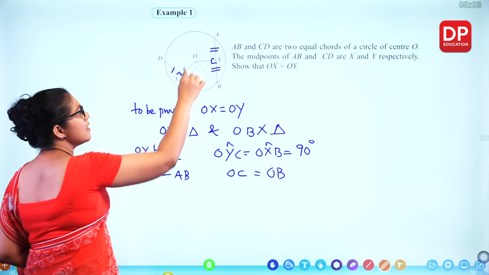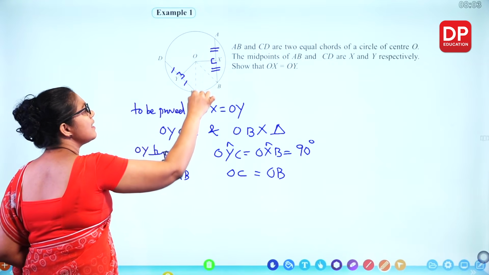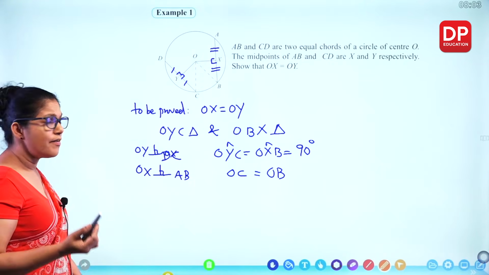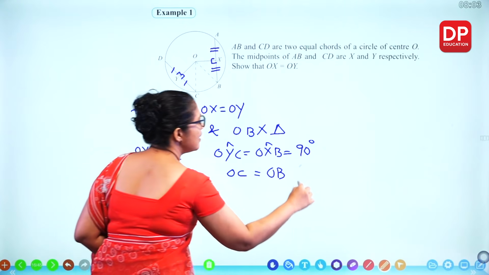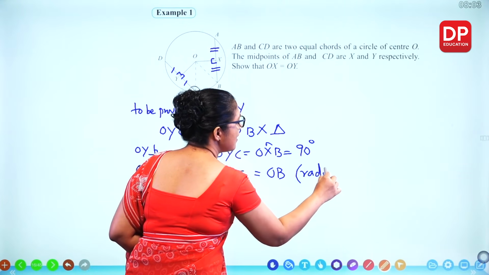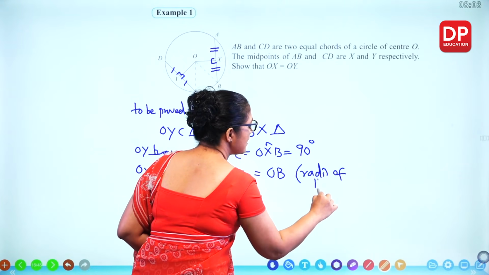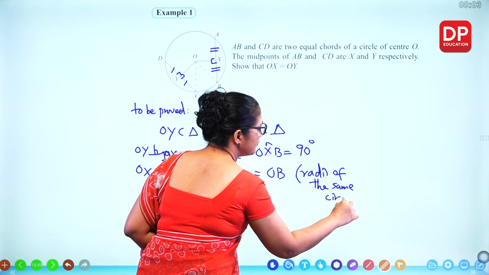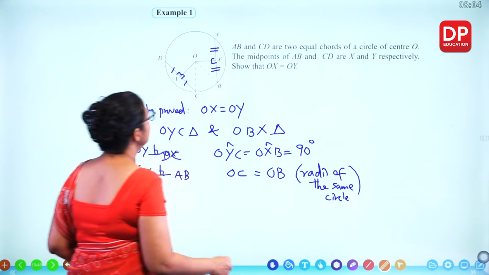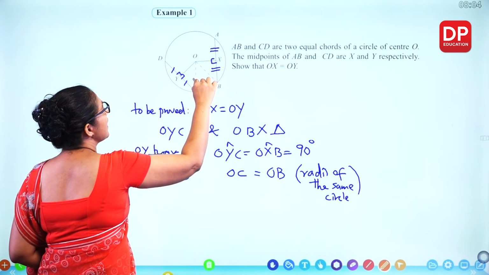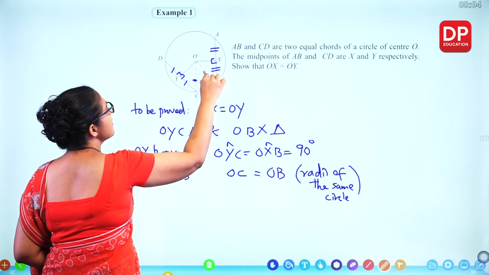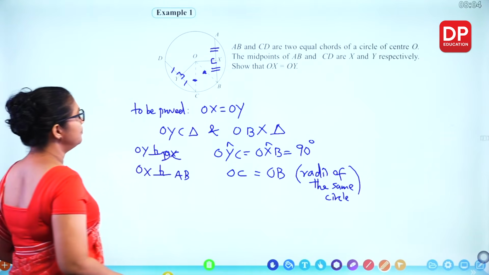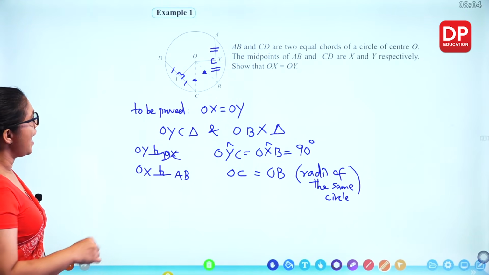What are those? So when you take this circle, OC and OB are radii. So here radii of the same circle. So I can write this length is equal to this length.